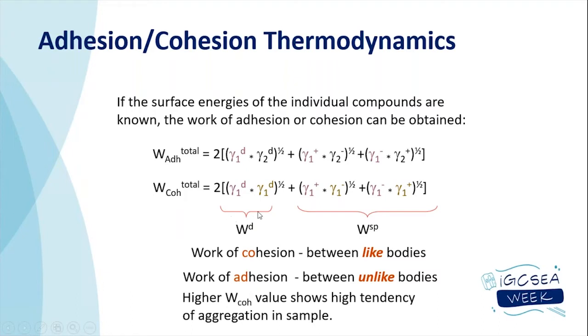If I have one particular material that's very high surface energy relative to the other materials in that formulation, the very high work of cohesion would mean that those particles would like to stick to themselves rather than stick to something else in your formulation. So it's very often a balance between adhesion and cohesion forces that we're looking at when we're looking at multi-component systems.